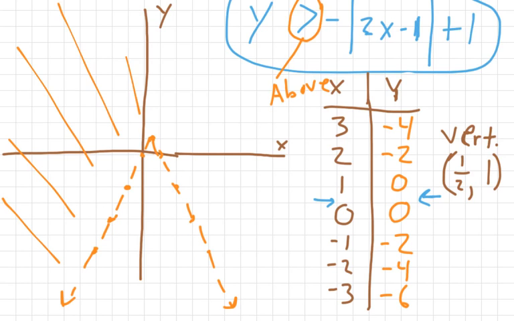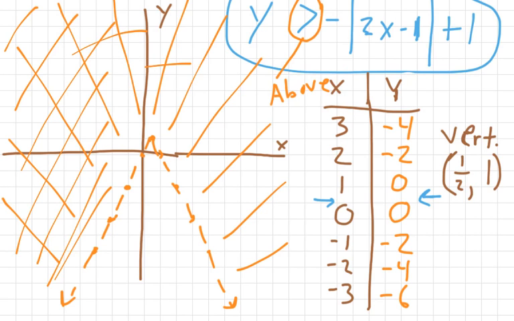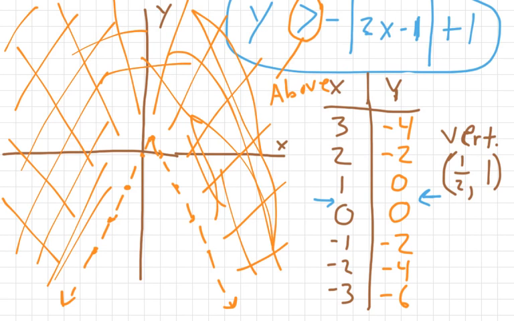So everything up here gets shaded. So I can kind of just show you here, all this stuff gets shaded above. So in this case, above is actually outside, just coincidence. If this was a less than, then I go below, which would be underneath this upside down V. So that's what the graph of number 18 in your homework should look like.